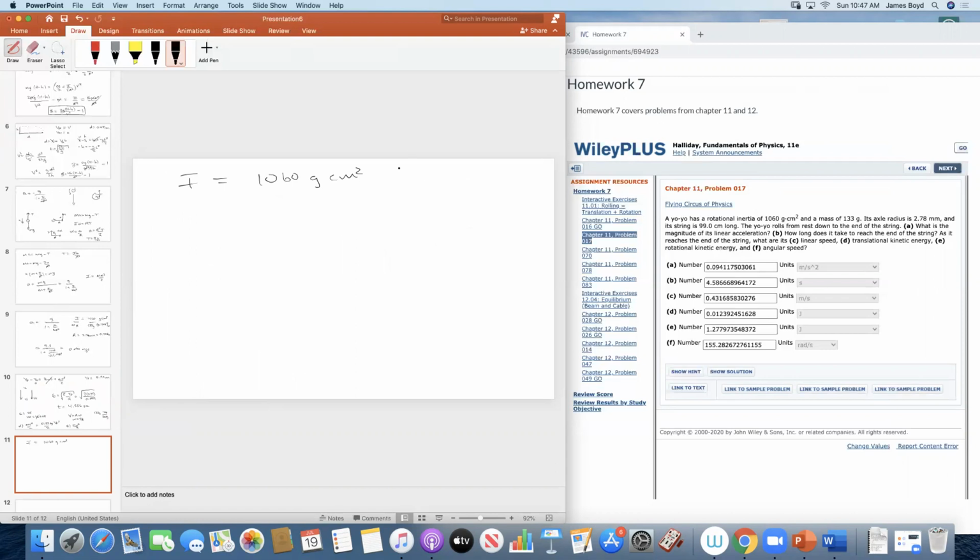So in 1 kilogram, there are 1,000 grams, and in 1 meter, there are 100 centimeters. You have to do it twice because you're squaring the centimeters. And so what we get is that I is actually 1060 divided by 1,000 times 100 times 100. And I get 1.06 times 10 to the negative 4.